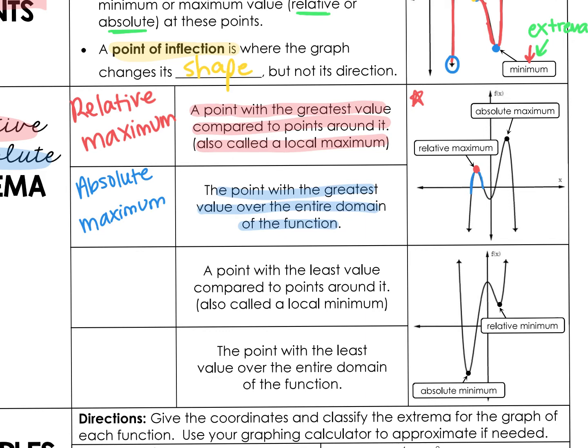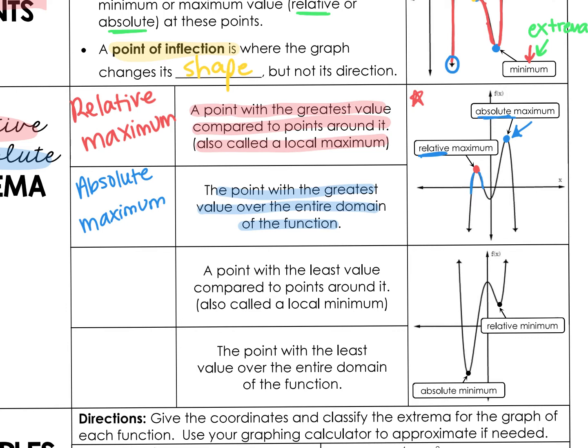So in this case, over here, this would be the absolute maximum, because notice there's no point on the graph that is higher than that point. So this graph here has a relative maximum and an absolute maximum. Relative maximum is a high point related to the points around it. The absolute maximum is the highest point in the graph.